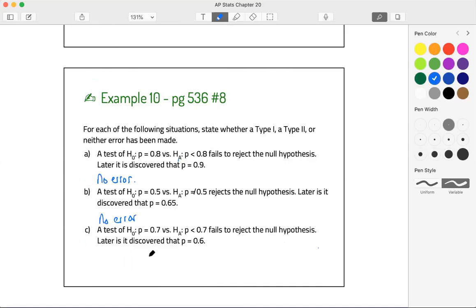C: a test of the null hypothesis p is 0.7 versus p is less than 0.7 fails to reject the null hypothesis. So I'm keeping it that it's 0.7. But later I found out it's less than 0.7. That was my alternate, and I didn't accept it. Well, that was an error. I failed to reject a false null hypothesis. This is a type 2 error.